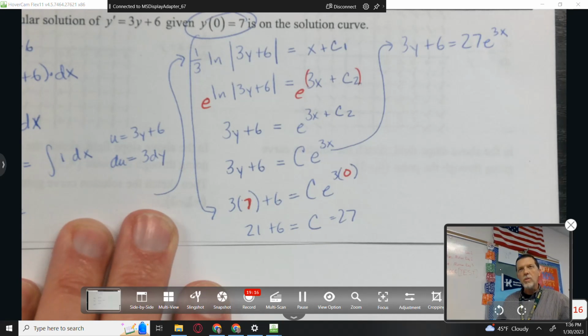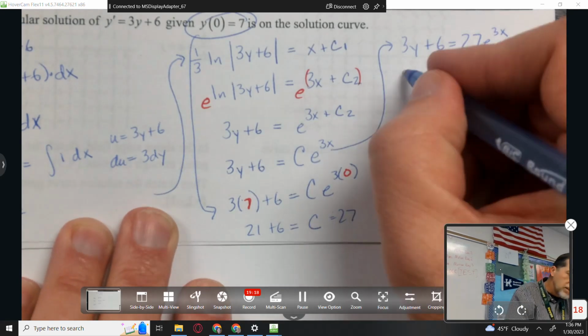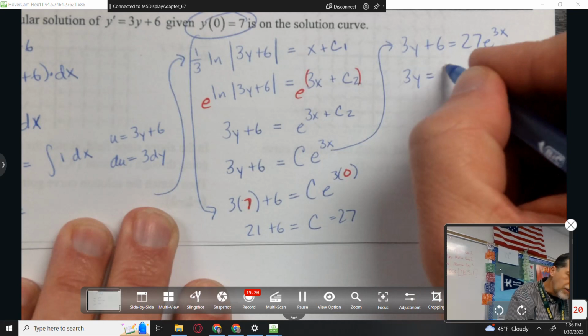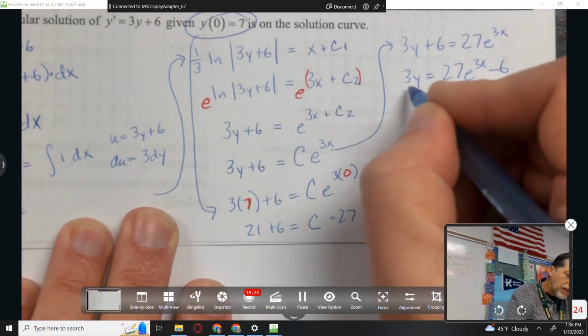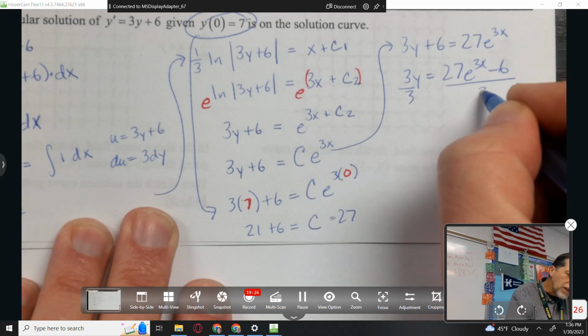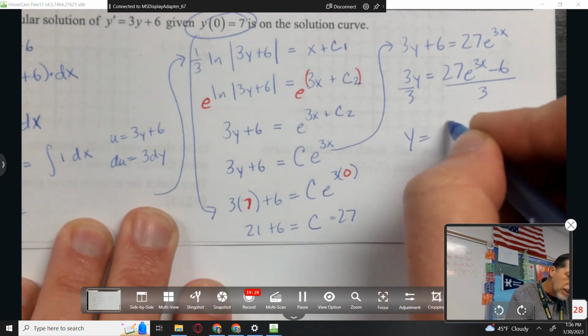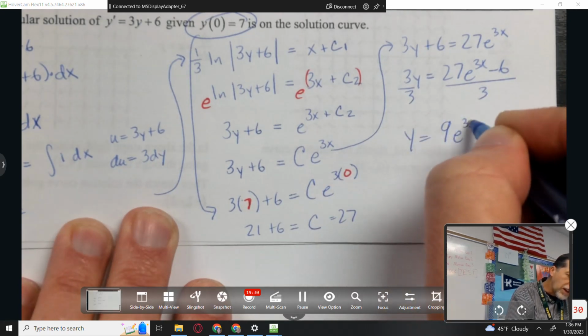Now I'm solving for y. 3y equals 27 e to the 3x minus 6. Divide everybody by 3. 9 e to the 3x minus 2.